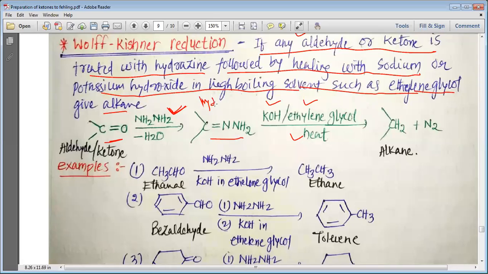That is what we have already studied, that we get a hydrazone. We have just studied it. This hydrazone, when it is treated with alkali, that is potassium hydroxide or sodium hydroxide dissolved in ethylene glycol, and heated, we get the respective alkane.